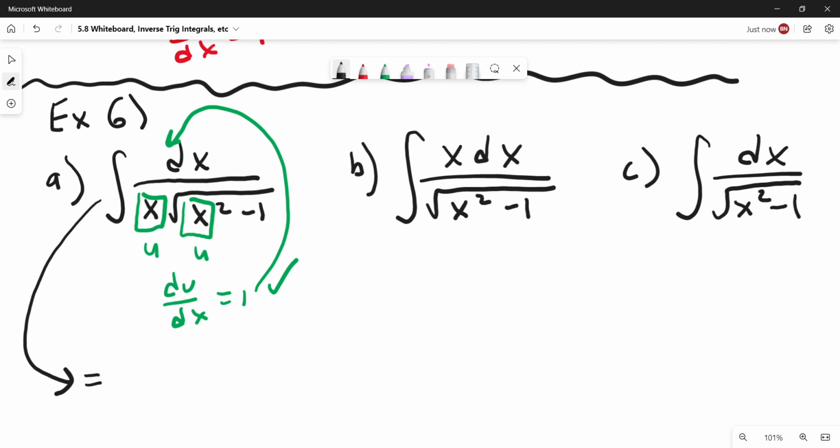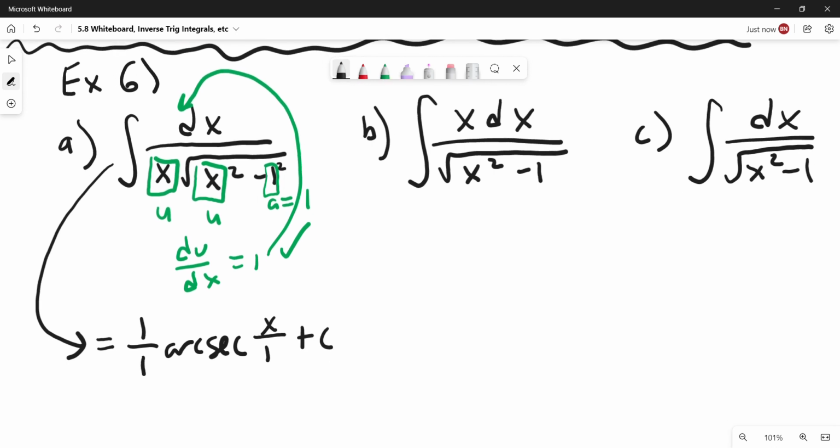And your a in this case is 1 squared, so your a is 1. A equals 1. So arcsecant, 1 over a is 1 though, arcsecant u over a, so x over 1 plus c, so just plain old arcsecant x plus c.